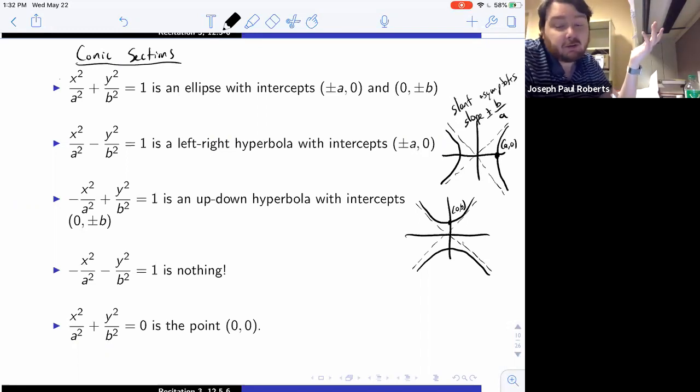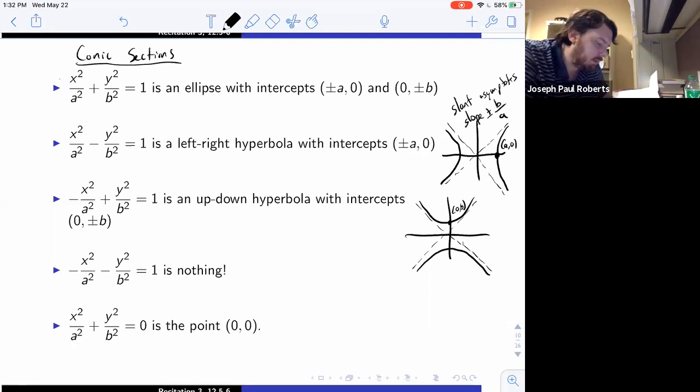Because first of all, we're not making you draw pictures. But yeah, just to explain, it isn't simply two parabolas put together. Parabolas don't have any asymptotes, but hyperbolas have these diagonal asymptotes.